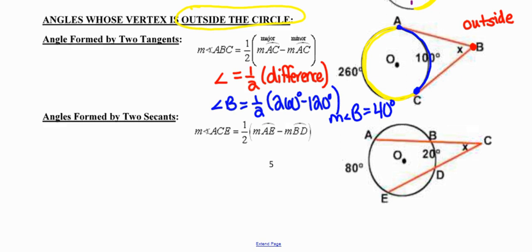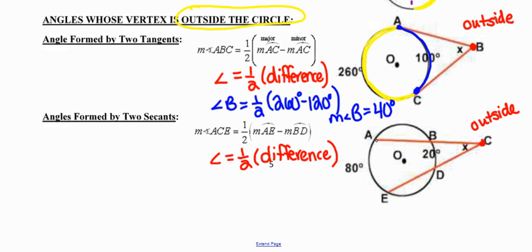Likewise, when two secants intersect, notice that the point of intersection is outside the circle. When the intersection of the two, whether they're lines or segments, lives outside the circle, the rule says that the degree measure of the angle is always half of the difference of the two arcs.